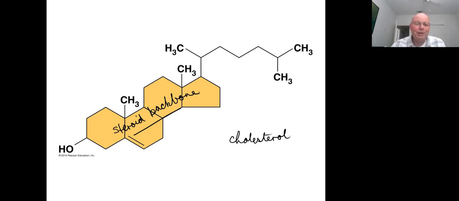So obviously a lot of membranes being made, and making all the hormones that you need to maintain your body of the steroid form. They're all built out of cholesterol. So that's the reason why the liver is making cholesterol.